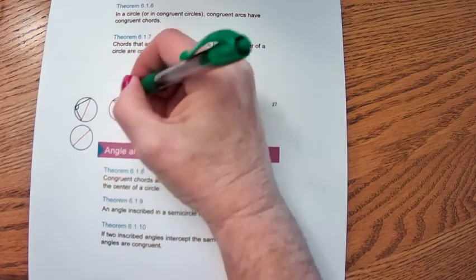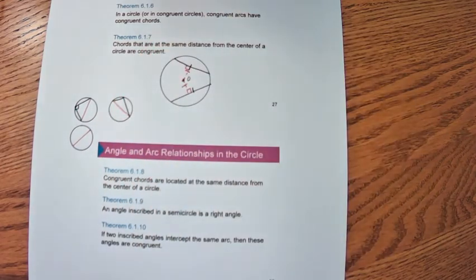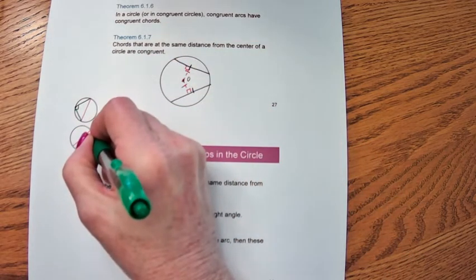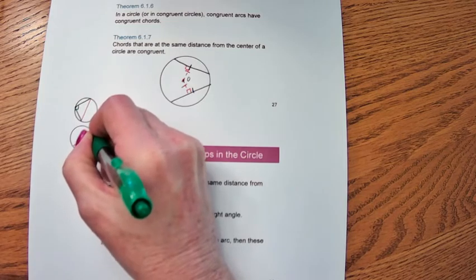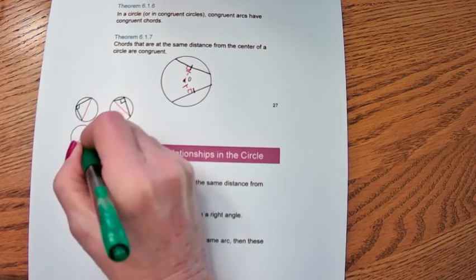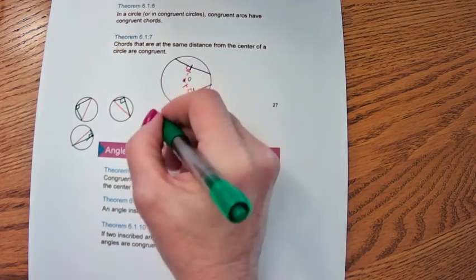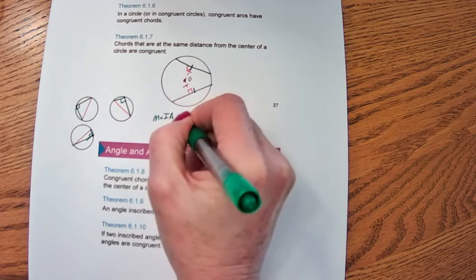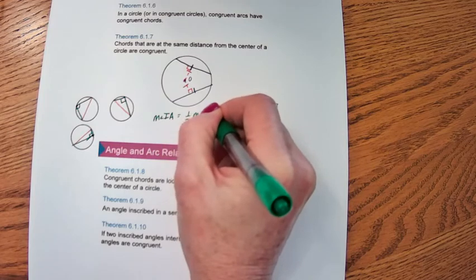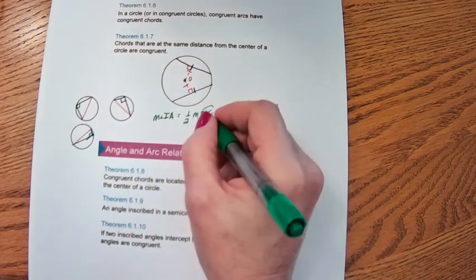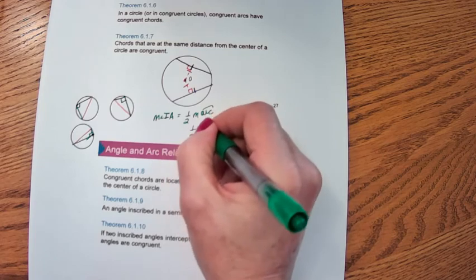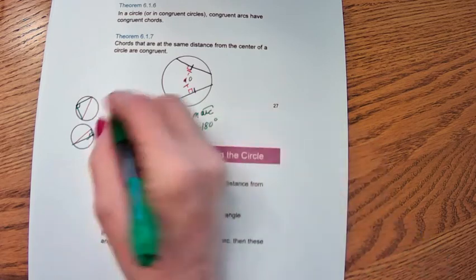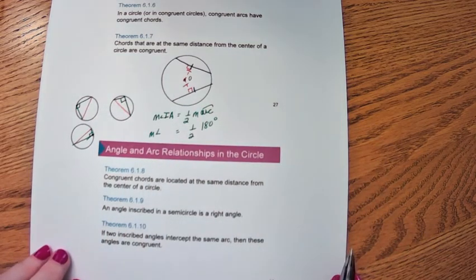How about something that looks more like that? You know what? That's a 90-degree angle. There's a 90-degree angle. Right, because the measure of the inscribed angle is 1/2 the measure of the intercepted arc. Well, what's the intercepted arc of a semicircle? It's 180 degrees, which must mean that the measure of my angle is going to be 90 degrees, which means it's a right angle.